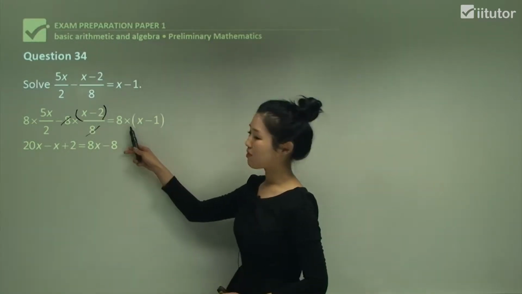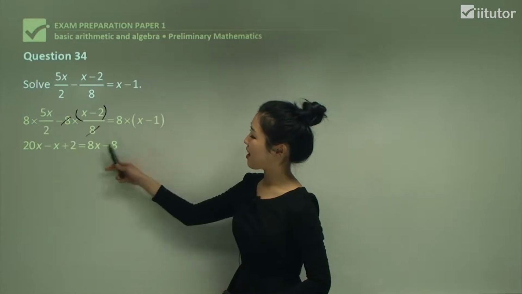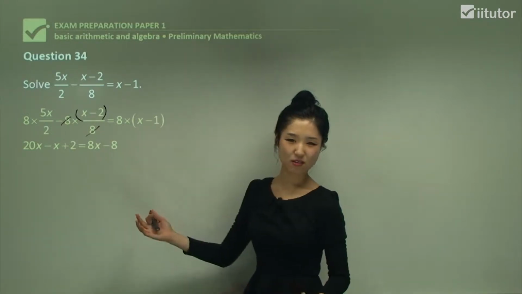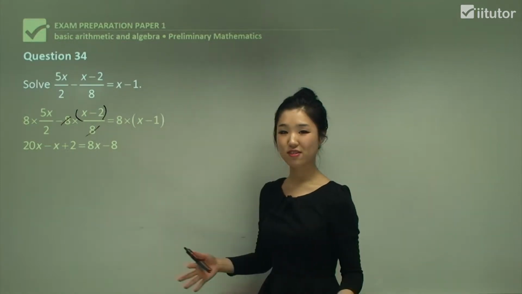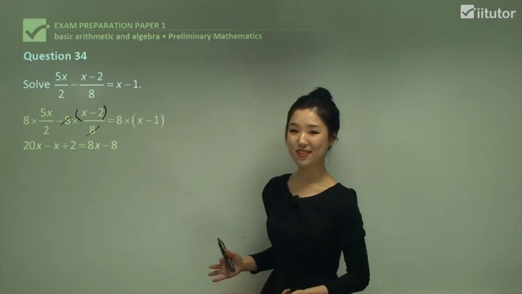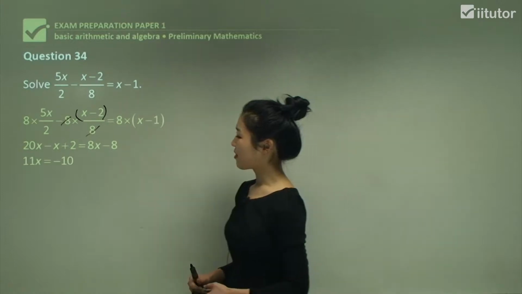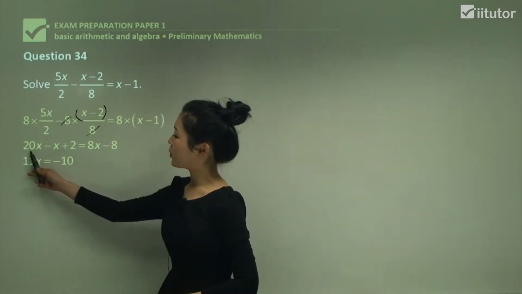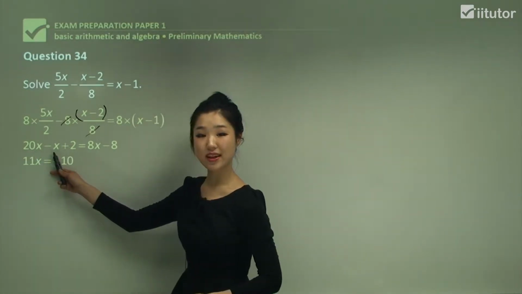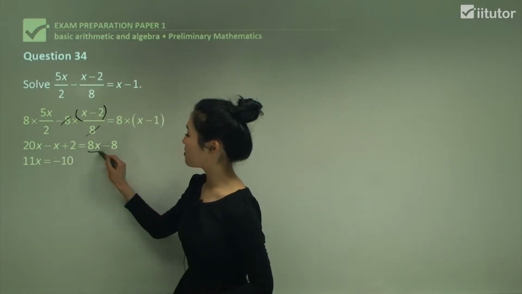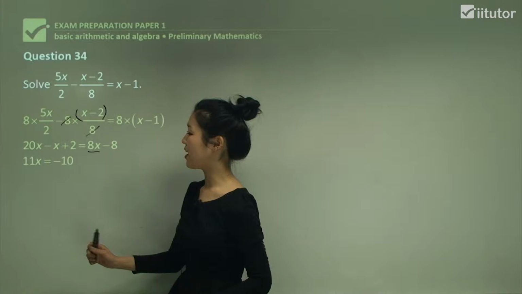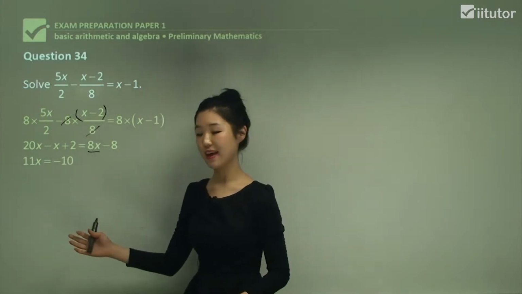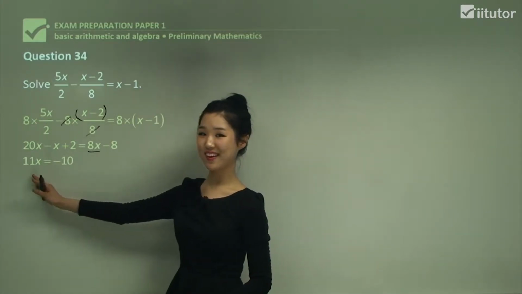Now here, just expand out the brackets, 8x minus 8. That was just a very simple one. Now all we need to do, we've got rid of all the fractions, just gather your like terms and simplify. So I've got this. See how here 20x minus x is 19x, and I'm going to move this 8x onto the other side, so I have negative 8x on this side, so 19x minus 8x will become 11x.